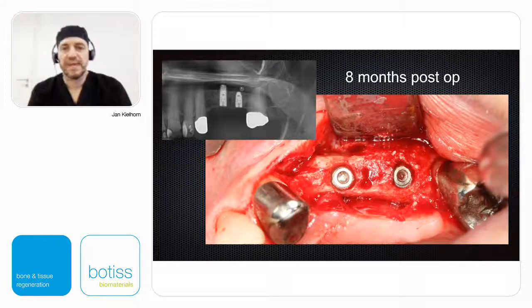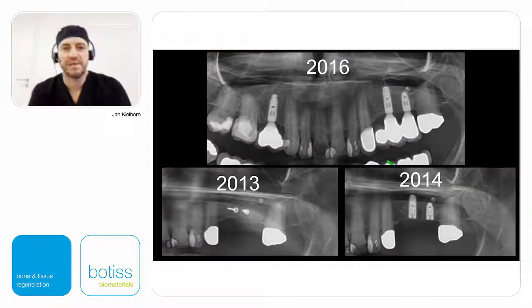Then 8 months after placing the implants, you see still that the bony side is looking good. You see that the material gets more and more dense, and looking over the years, from 2013, 2014 after implant placement to 2016, you will see that the cortical line gets very dense.